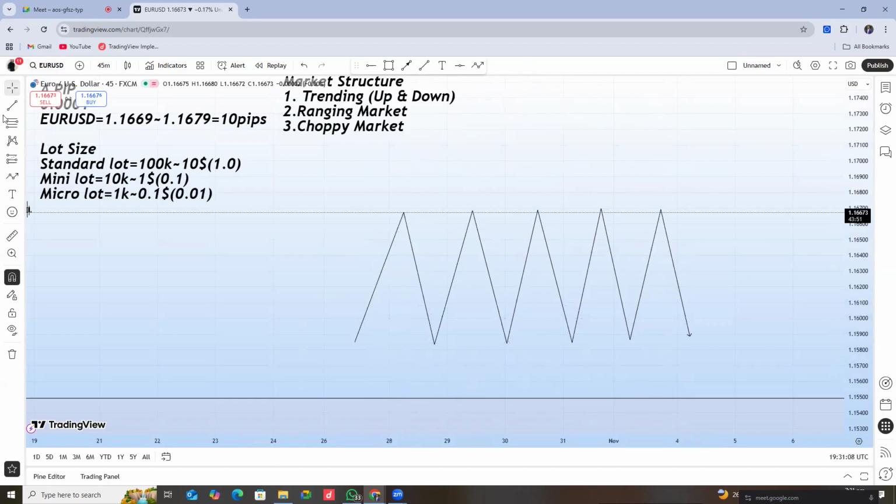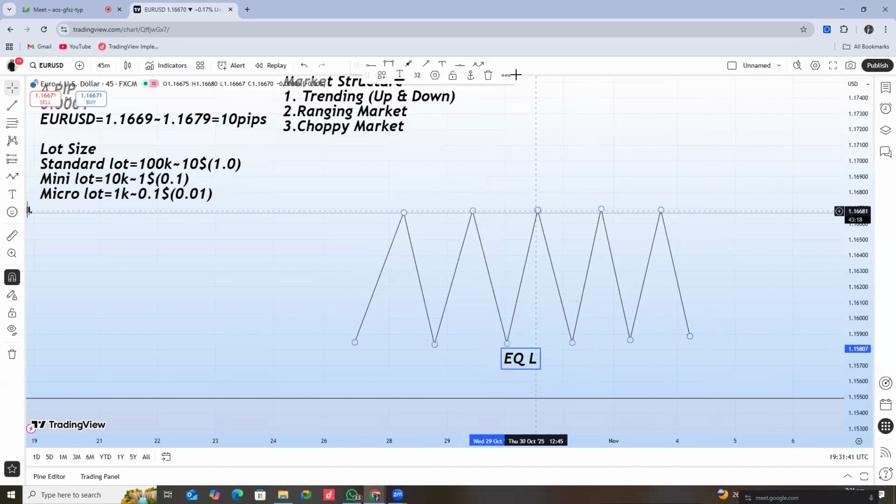So we call these equal highs, and then we call these ones equal lows. If you tell me a particular market is ranging, you should be able to tell me that it is because you can identify equal lows and equal highs. All right, this is how a ranging market moves.